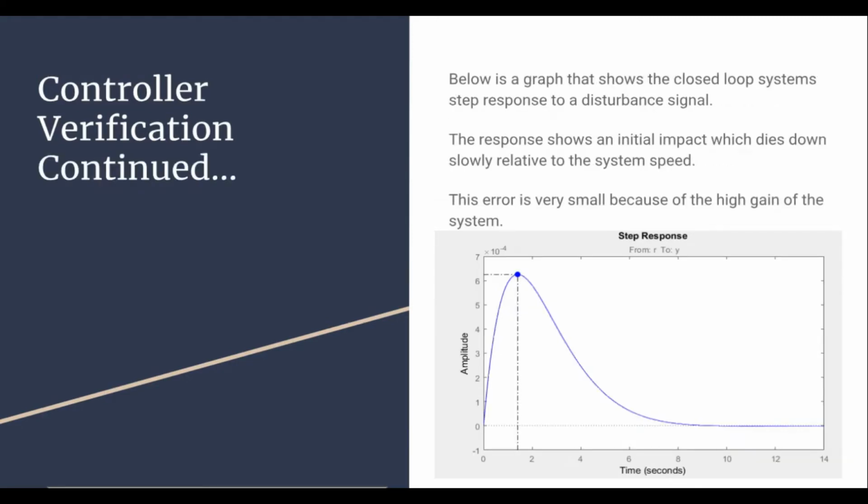Now we will discuss the disturbance rejection of our system. In the graph, you can see the system's response to a step disturbance input. The output is very small at its peak.